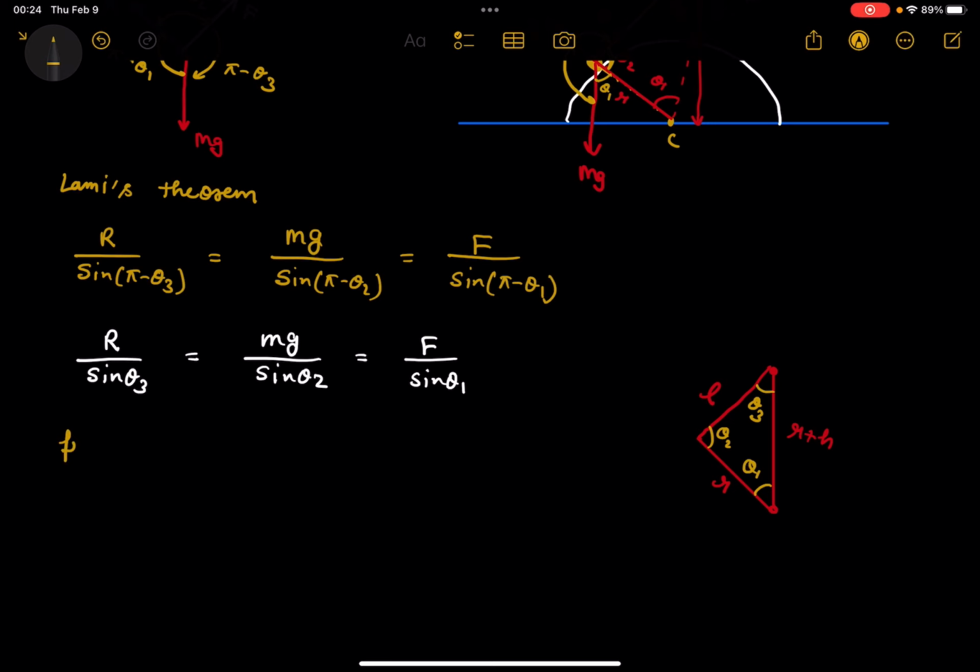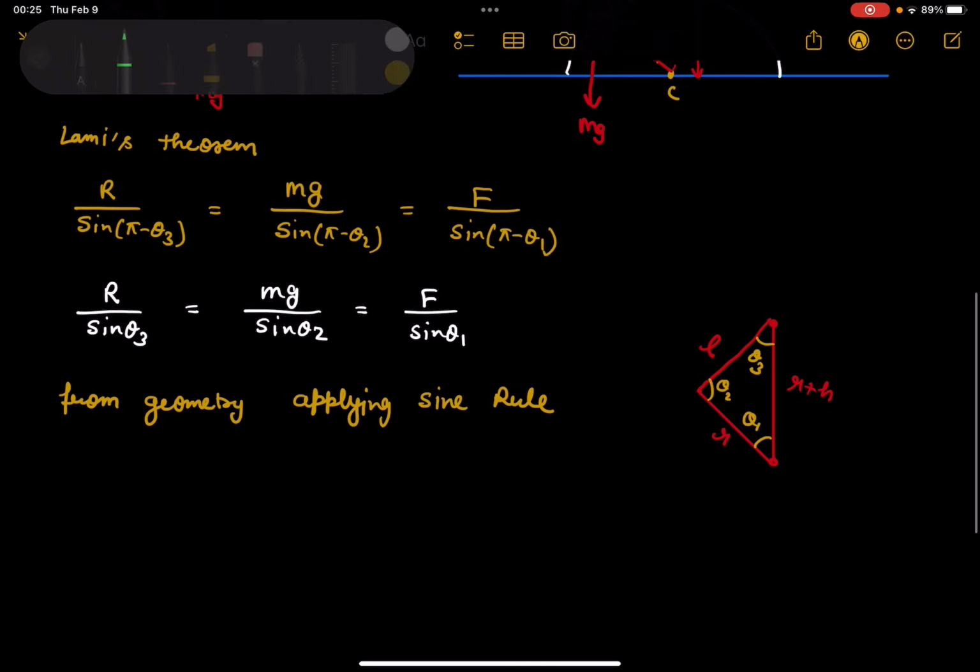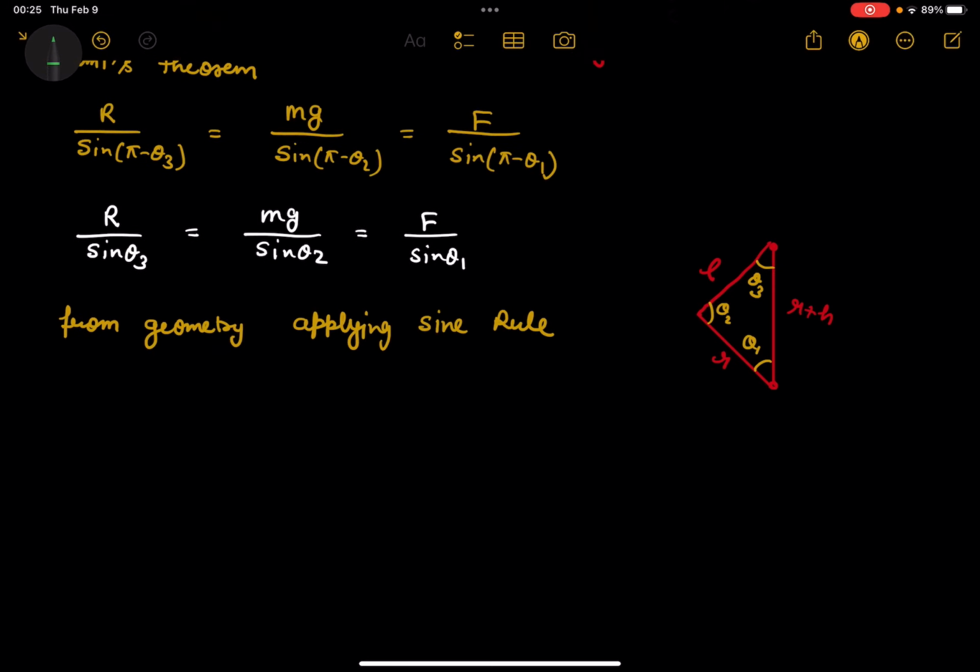So from geometry, applying the sine rule, we can say that L upon sine theta 1 is equal to R plus H upon sine theta 2 is equal to R upon sine theta 3.